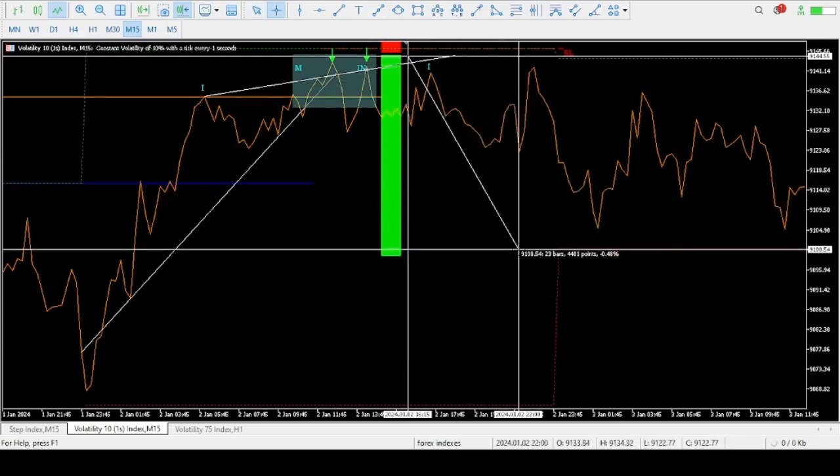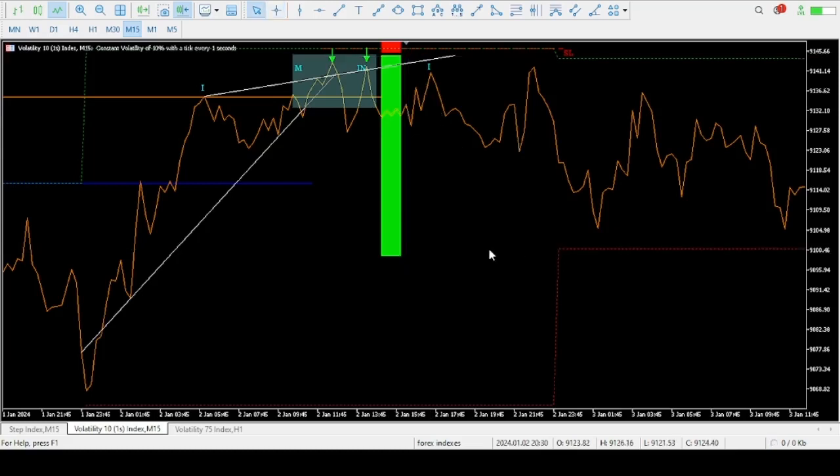Starting from here to this low was 44 points. That's about $44. So if you wanted 10, you would have just taken one position. If you wanted $44 there, or $88, you take 2 positions. That's what it would have been. Great.